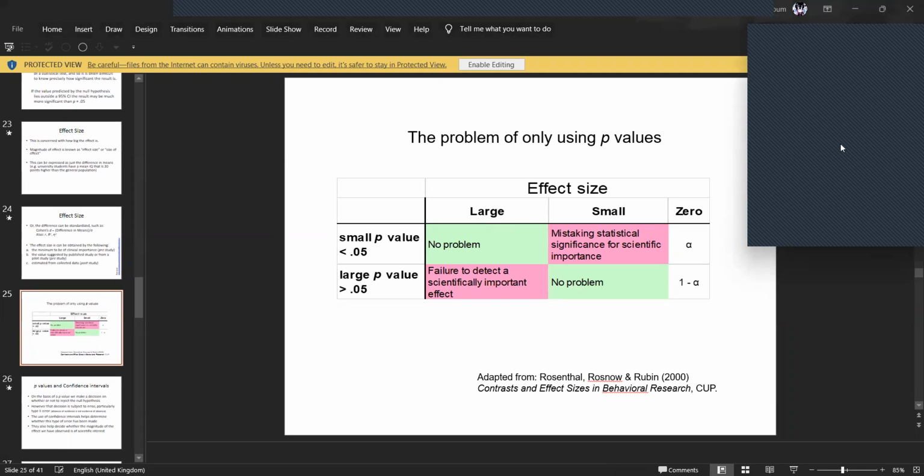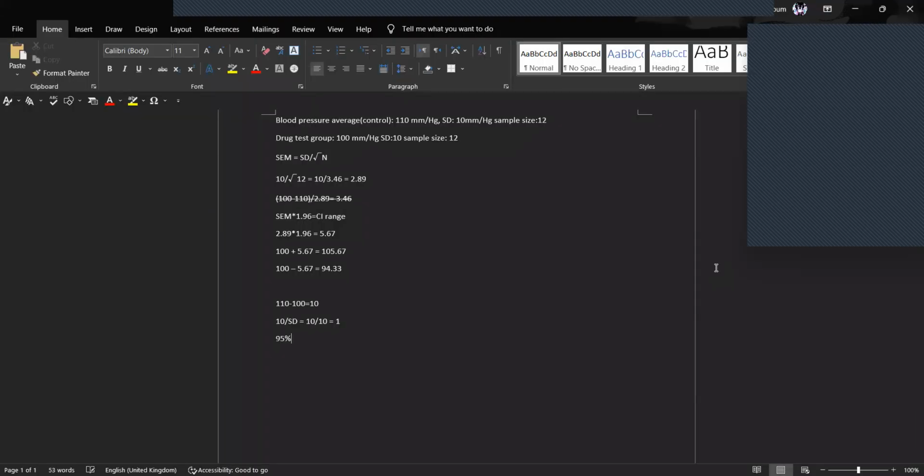Okay, so just to go over this question really quickly. You want to find the 95% confidence interval, or the 95% limit, and what you have is the mean of the population, you have the variance, and you have the sample size, so n. Okay.